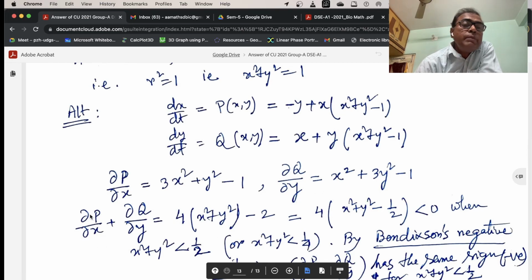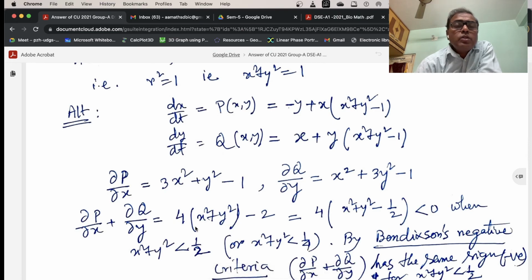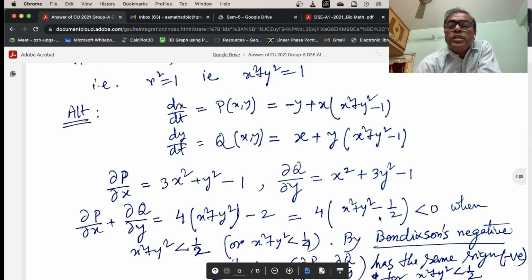We know that if del P/del x plus del Q/del y maintains the same sign, either positive or negative, throughout the region, then there is no limit cycle. Here del P/del x plus del Q/del y equal to 4 times this expression, which is negative when x square plus y square is less than half. Then this is negative throughout the region.